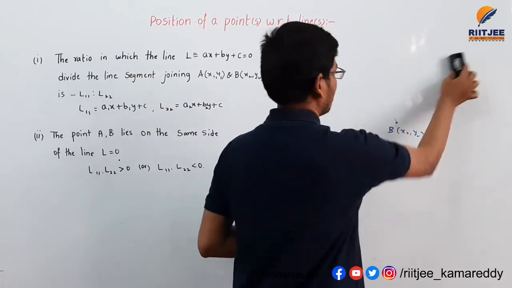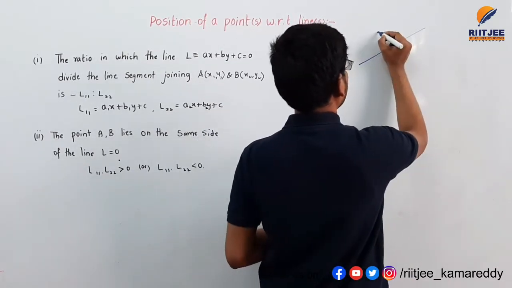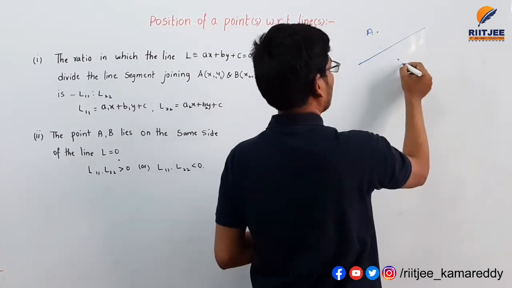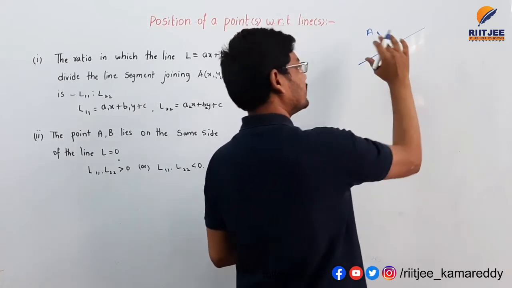So I am proving this concept, I am taking the solution. This is one line and this is A and B. By joining these two points, the AB line intersects the straight line at some ratio.